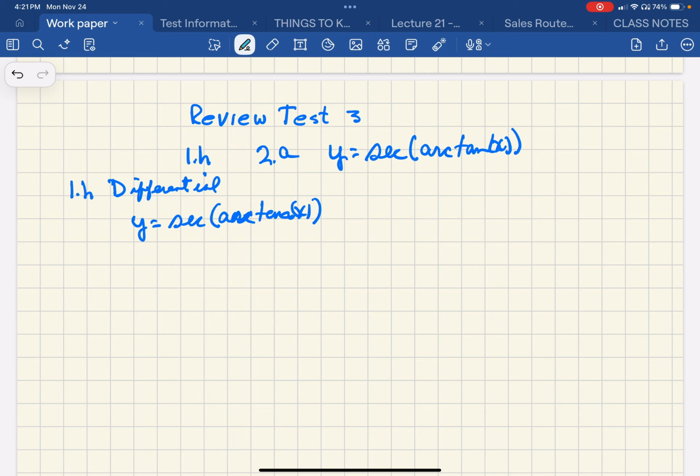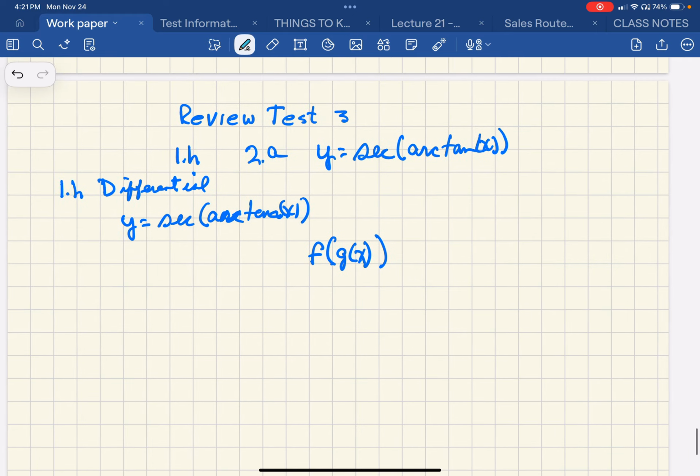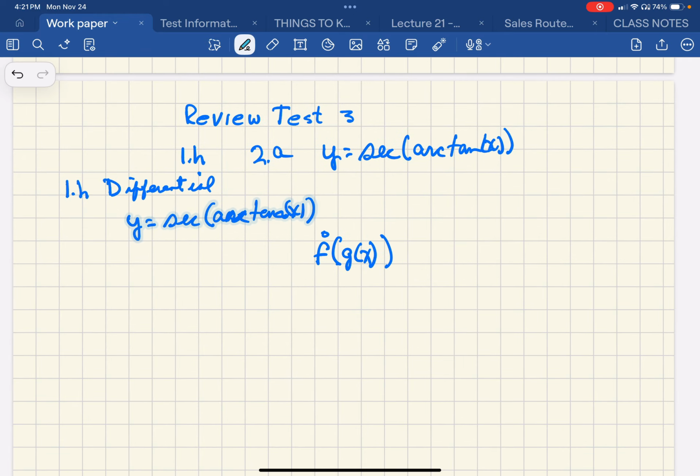Now we have two functions, one acting on the other. That's a compound function of the nature of f of g of x. And we know from class that to differentiate a compound function like that, we have to consider that we have an outside function and an inside function.